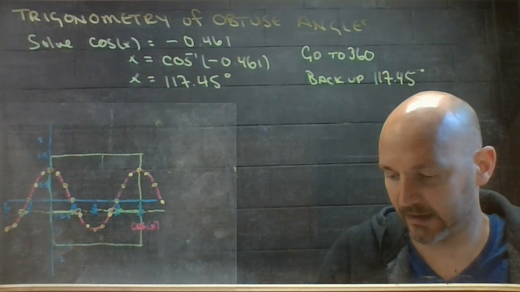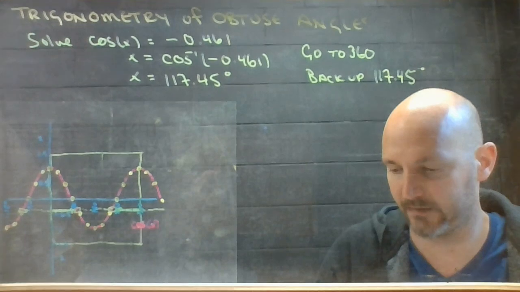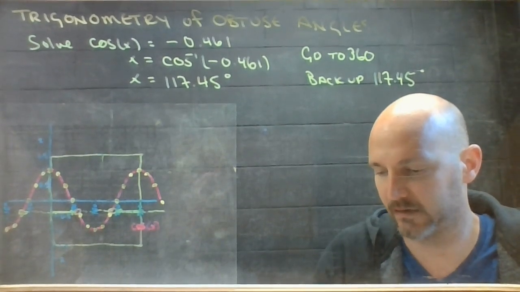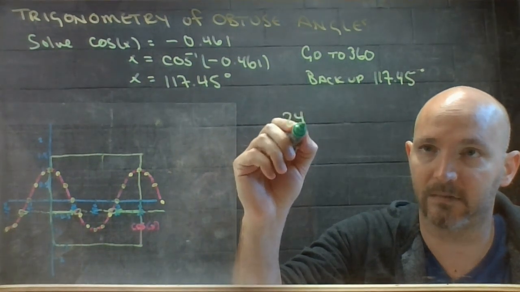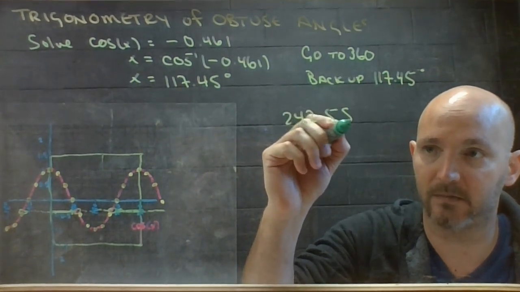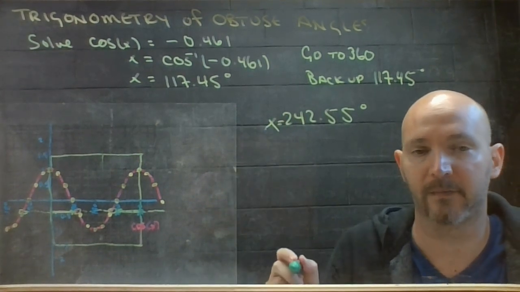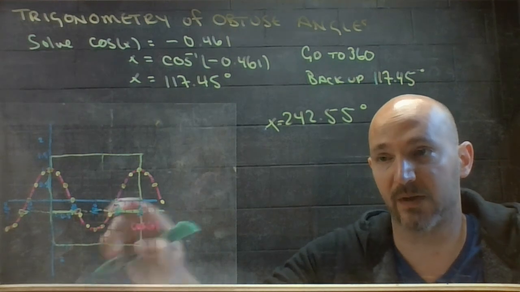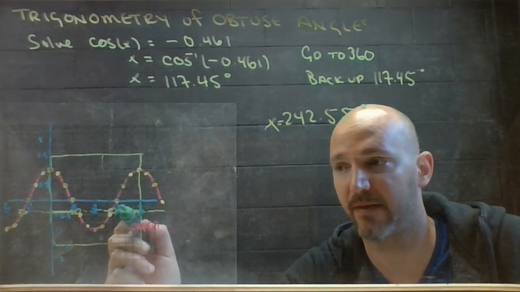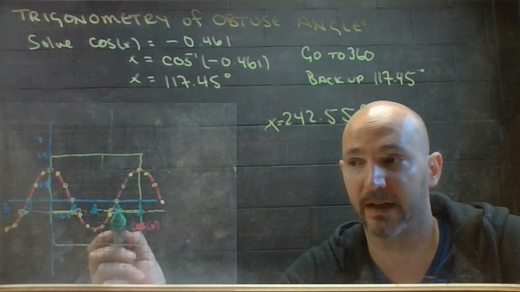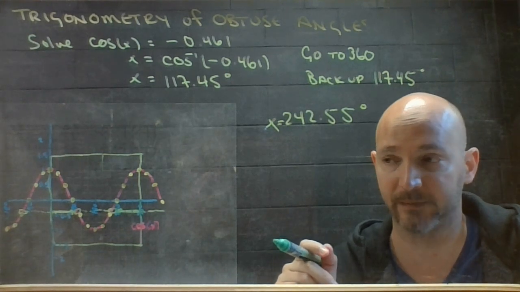So 360 subtract 117.45 gives me 242.55 degrees. So I've got those two solutions. And 242, if you look at my grid here, that's 270, that's 240, and that second solution is just a little bit past the 240 line.